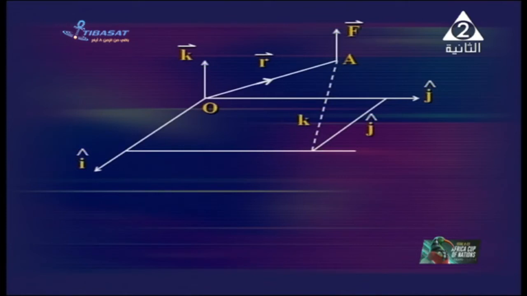What is the I vector? Unit vector in the x-axis, its components 1, 0, 0. J vector, unit vector in the y-axis, 0, 1, 0. K vector, unit vector in the z-axis, 0, 0, 1. R vector, position vector of point A, represents OA vector.